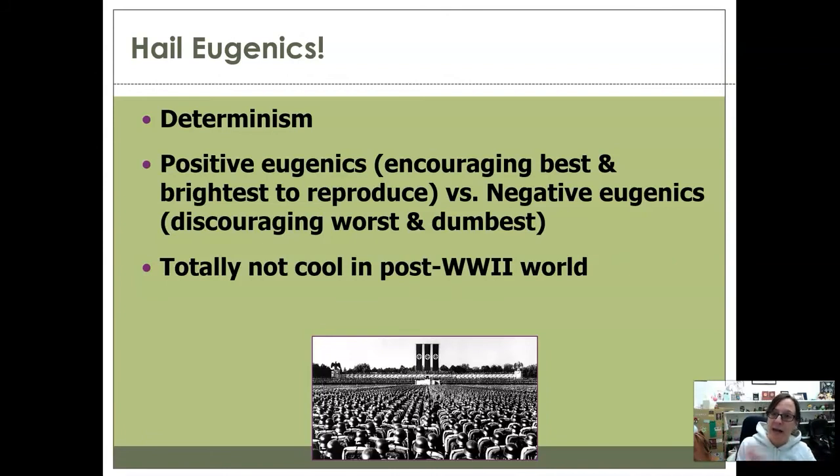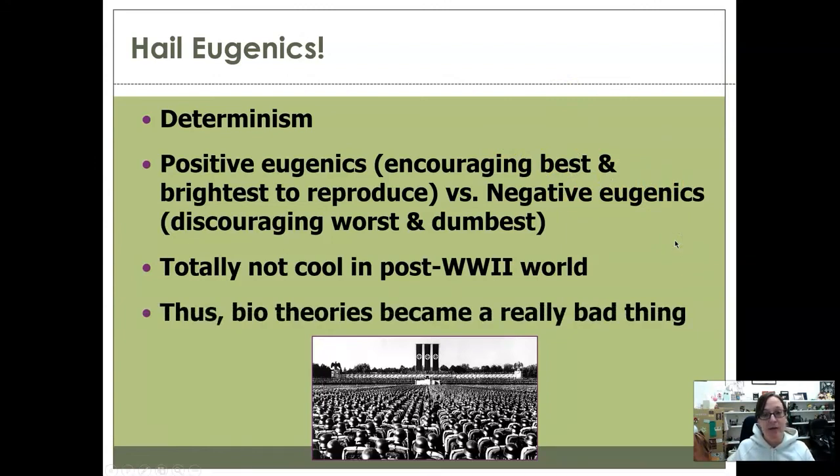And so it was about getting rid of what he didn't want in society. And so this tainted the whole idea of any kind of biological based theories, because it became seen as if it's even remotely biological determinism, it's heading in this direction, which is not a cool thing to happen. So biological theories became a super bad thing right around this time.